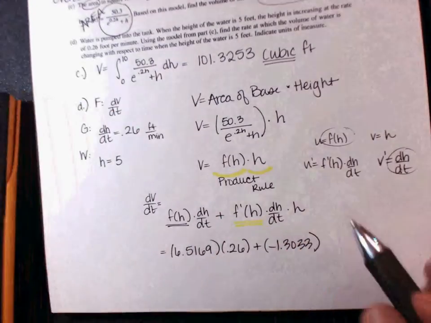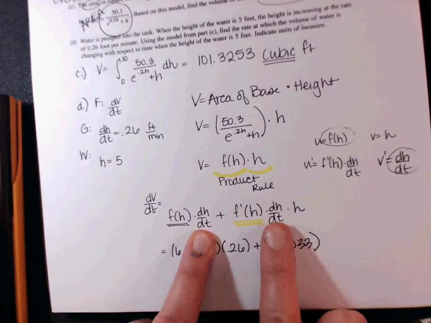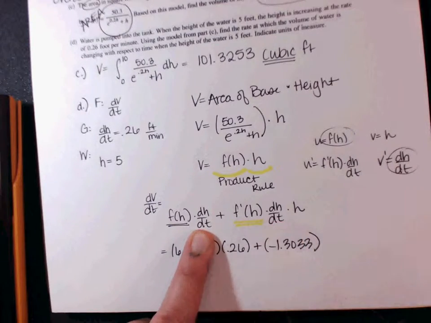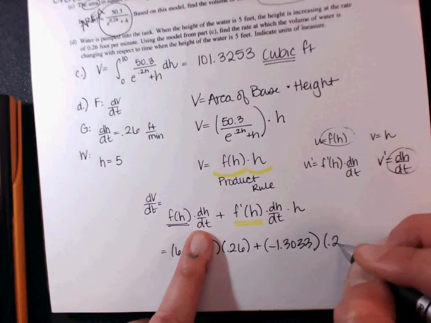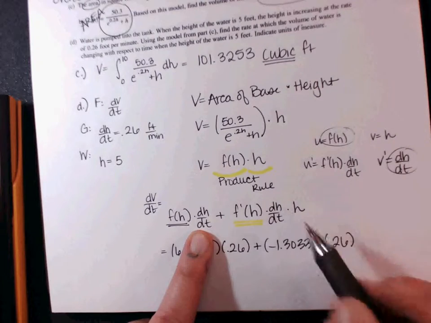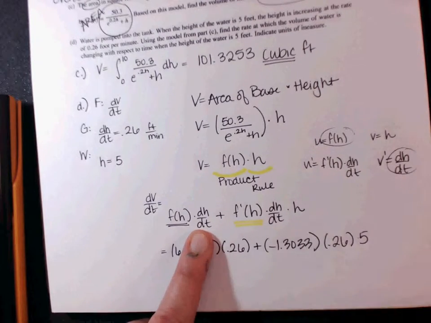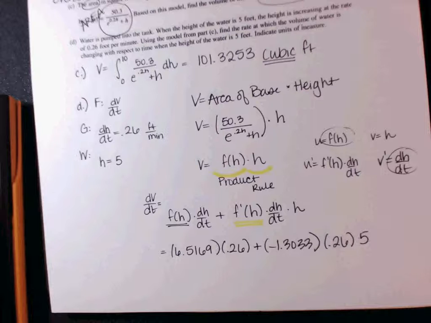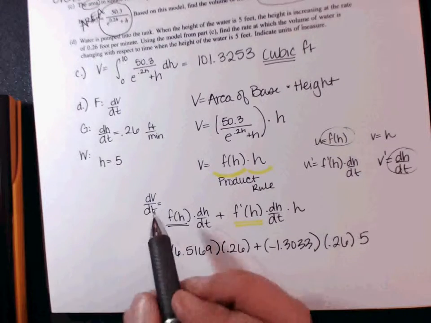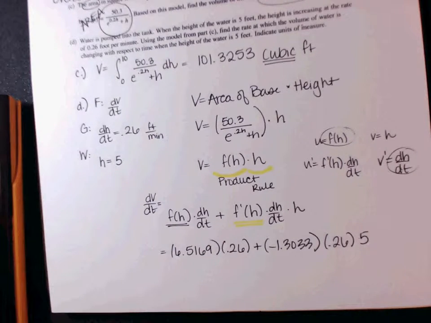Okay, then I have another dh/dt sitting right here, so I need to remember to do that. So another dh/dt is 0.26, and then what's my h? 5. Now, keep in mind, you don't have to times that out. You can leave it just like that. Okay? Then it did say to indicate units of measure. So if this is dV/dt, what would I put for my units of measure?